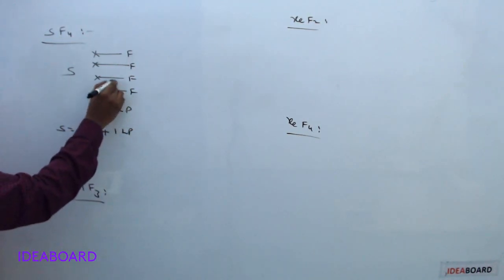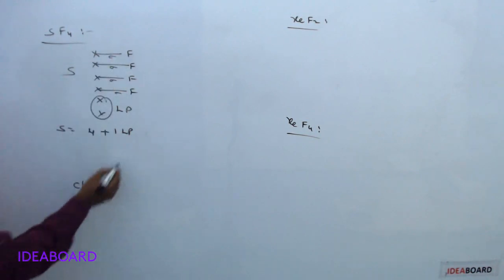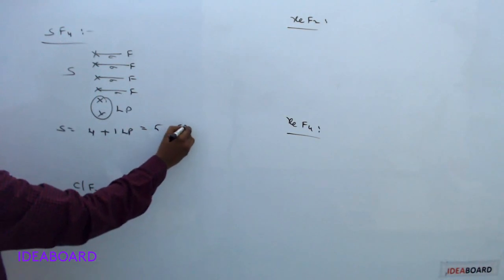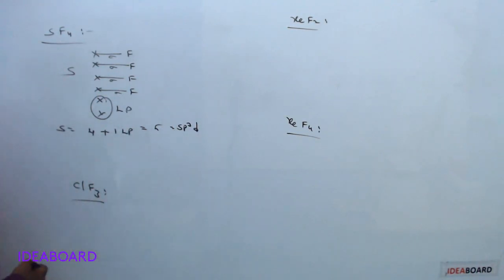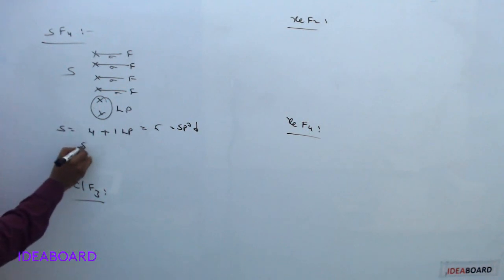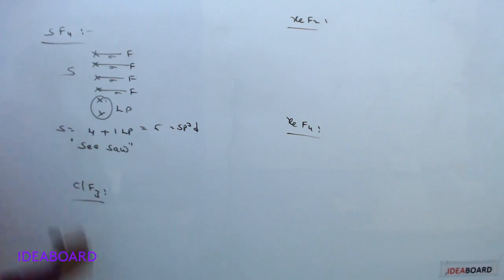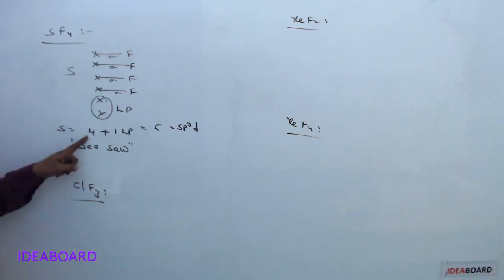Here this is sigma, sigma, sigma, sigma. So the total is equal to 5. So what is the hybridization? sp3d hybridization. But because of one lone pair, as per VSEPR theory, the shape of the molecule is seesaw. So 4 bond pairs and 1 lone pair are present.